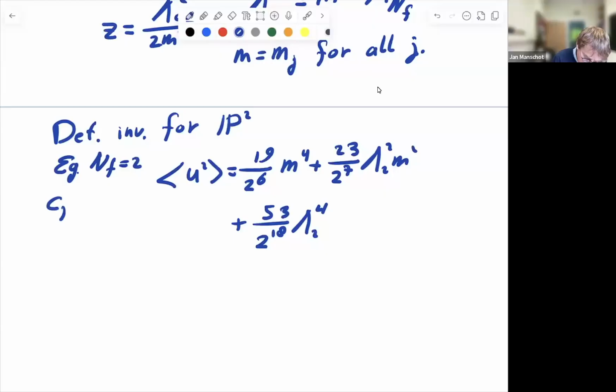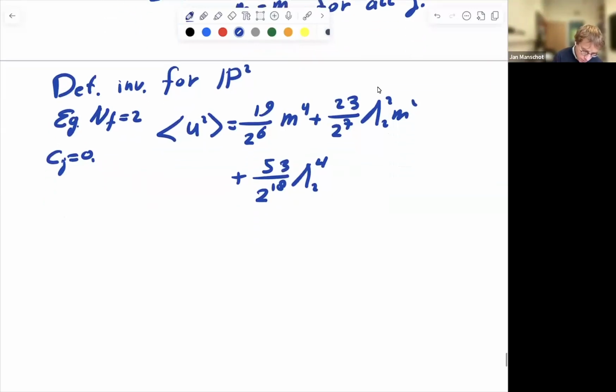This was for Cj equal to 0. We can also include non-vanishing background fluxes, and we then get different numbers. We can also consider b2 plus equal to 1, and b2 plus larger than 1.